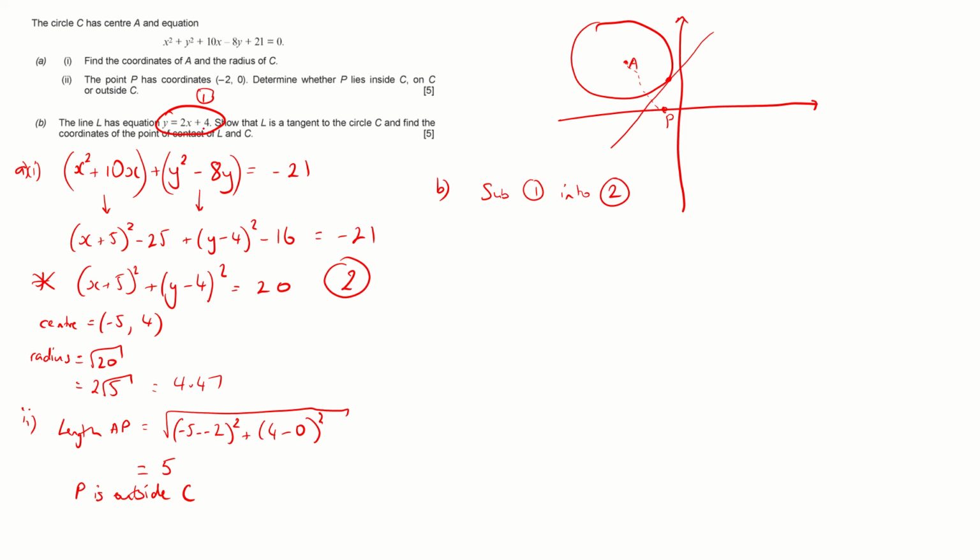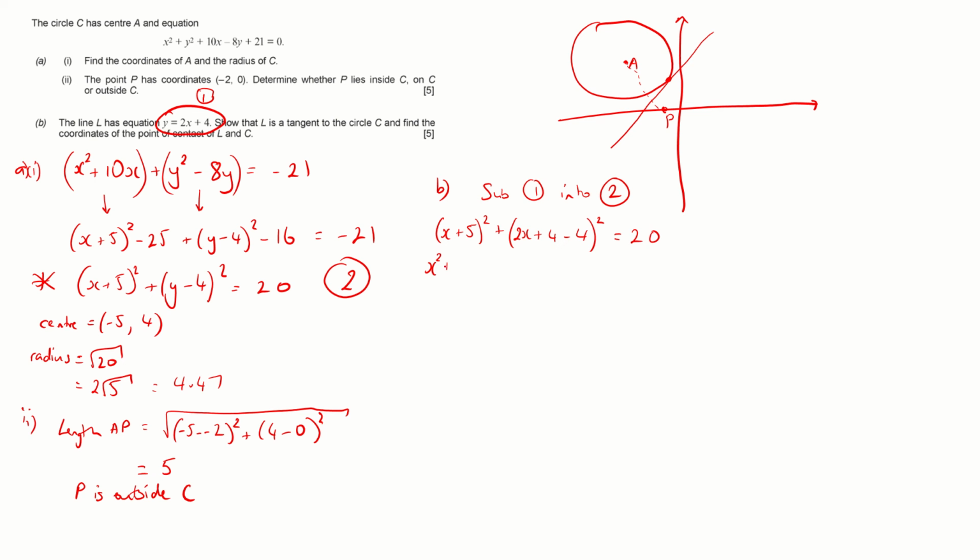So I'm going to take 2x plus 4 and replace y in that equation with it. So it is (x plus 5) squared plus, instead of y, I'm now going to have 2x plus 4, but there's also a minus 4 next to it, squared, equals 20.